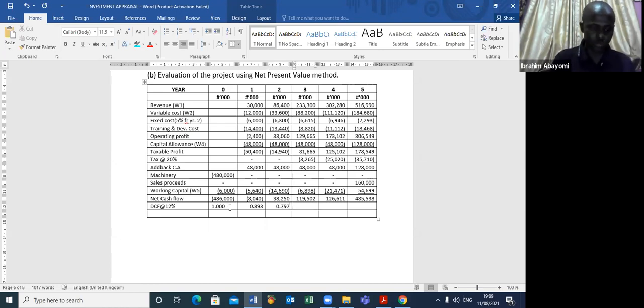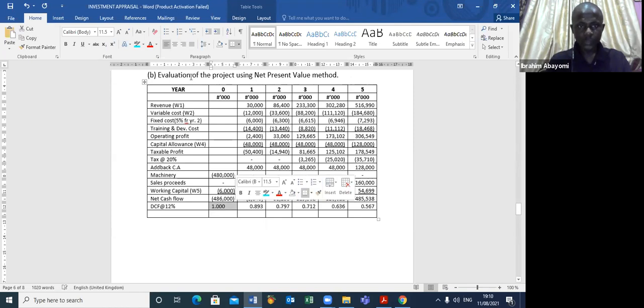Year 3 is 0.712. Year 4 is 0.636. Year 5 is 0.567. So these are the discount factors that we are going to use to discount the cash flows.